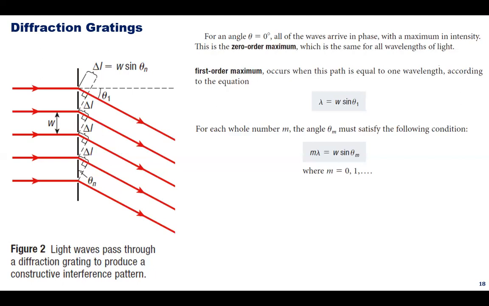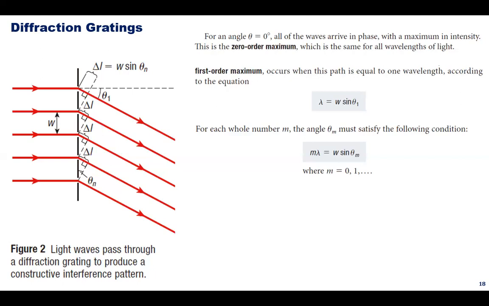Newer photographic methods use interference from lasers to produce the pattern on photographic film. Then the film is processed to produce the parallel lines. A typical diffraction grating may have 10,000 lines per centimeter.